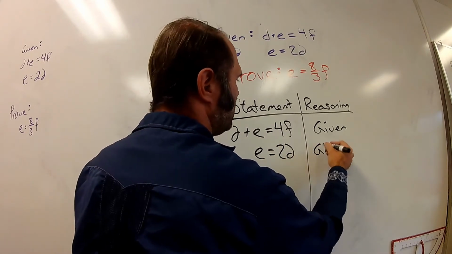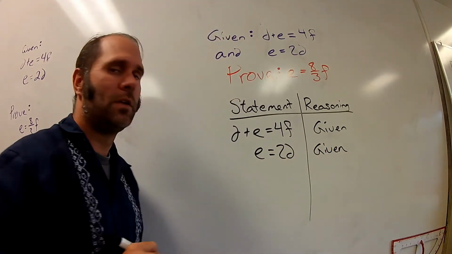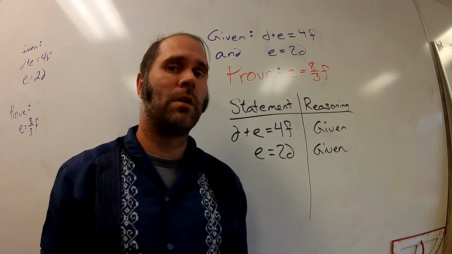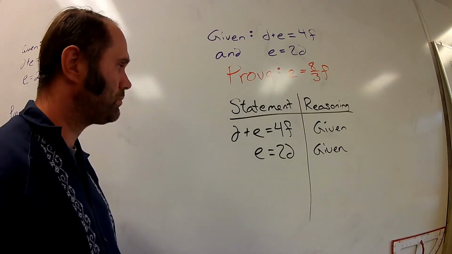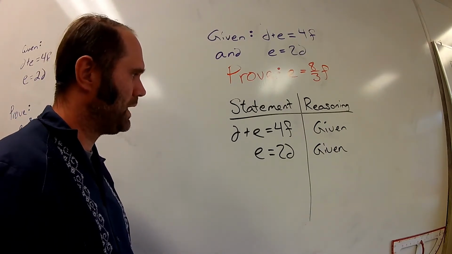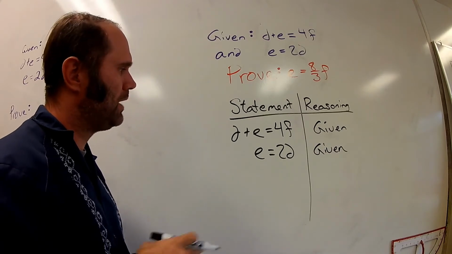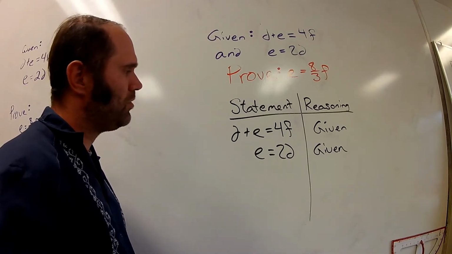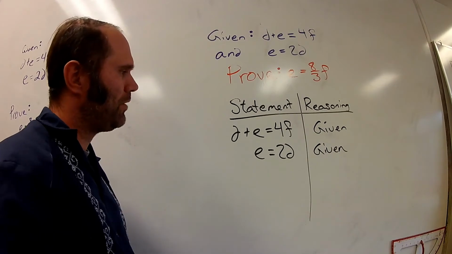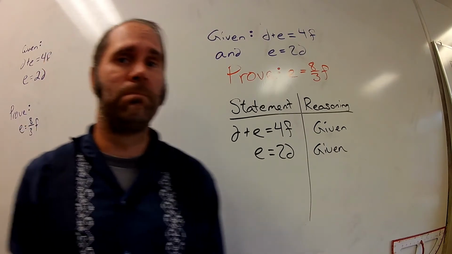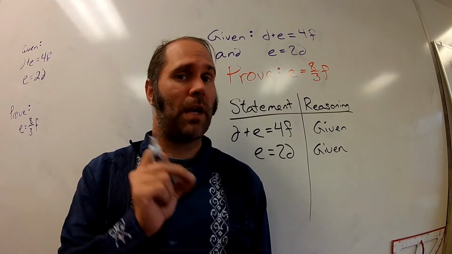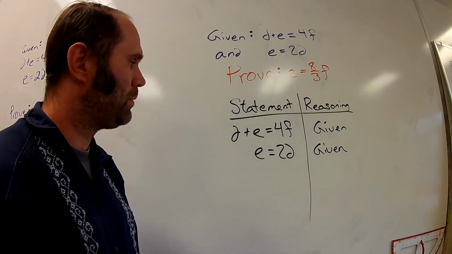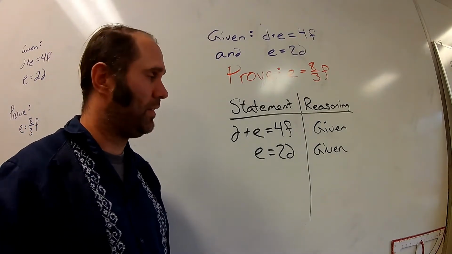That is also given to me. So that's why I can state it. So the next question would be, what could I do to one of these two equations to make something new? I'm not assuming anything. I am using algebraic rules in this case.